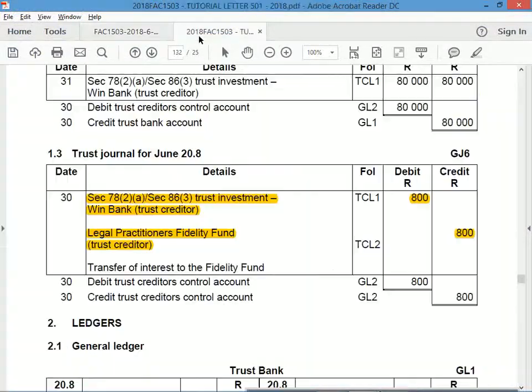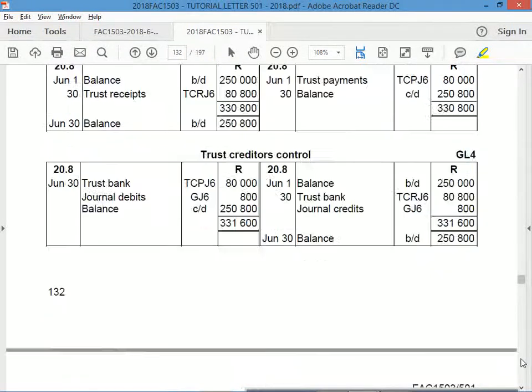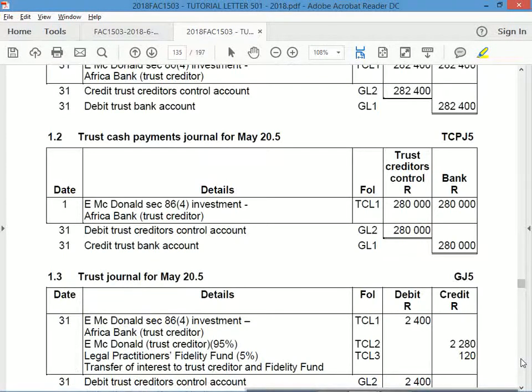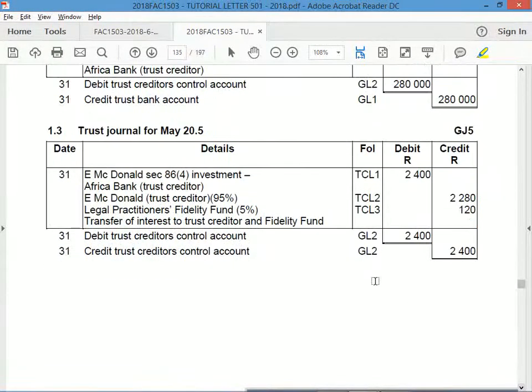Let's go back and have a look at that. Yeah, that was it. Yeah, it was the Fidelity Fund. Well, the Fidelity Fund is your, in inverted commas, trust creditor. There, this one. Let's see.